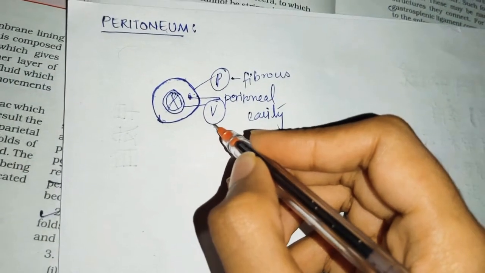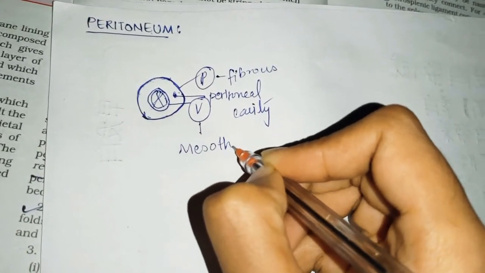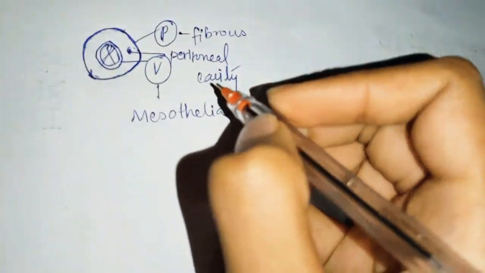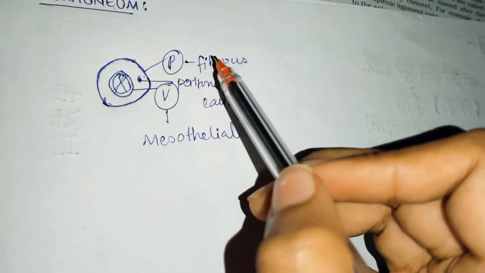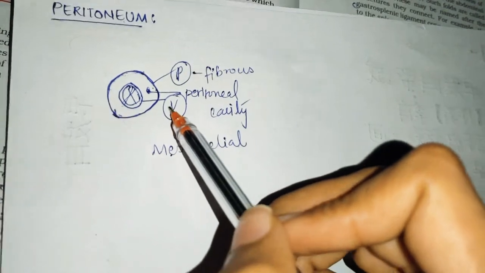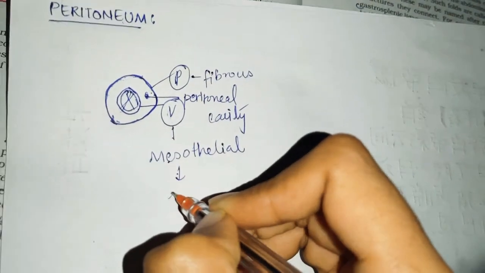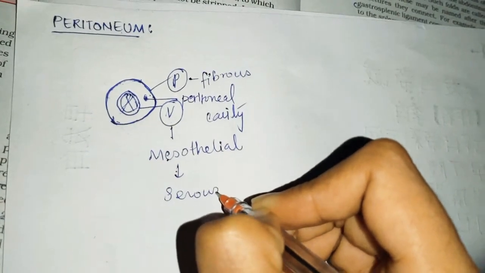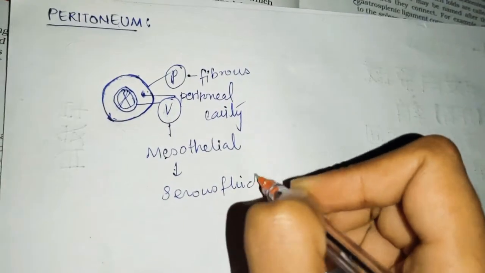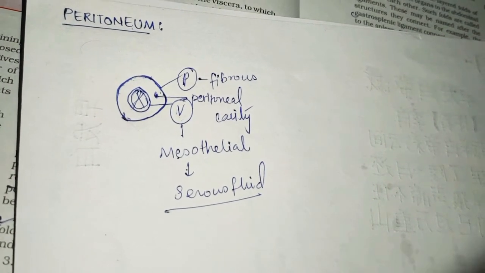The inner, visceral layer is made up of mesothelial cells. These mesothelial cells produce serous fluid, and that serous fluid lubricates the surface and allows free movements of different viscera.